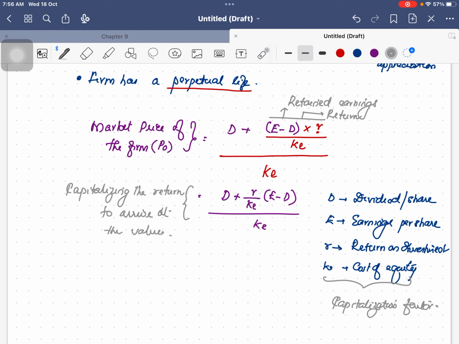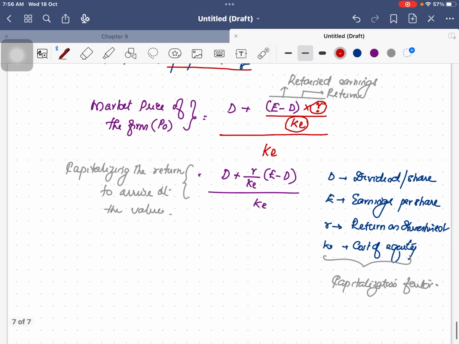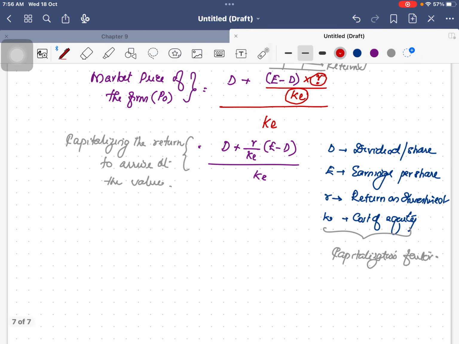Now if you see this formula, it is mainly dependent on two factors: one is R and the other is K. Your value of the firm will depend on this R and K. Let me explain the logic here. Suppose a company A Limited has a return on capital employed of 20% and a cost of equity of 10%.